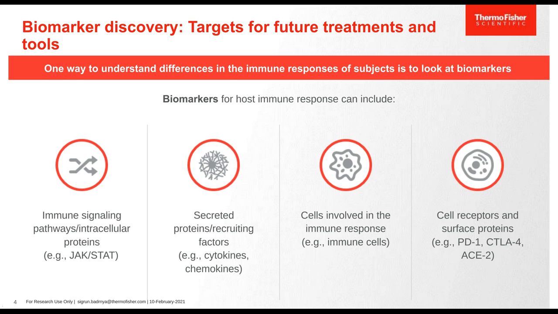So one way to better understand differences in the immune responses of subjects is to look at biomarkers. Apart from soluble factors and secreted proteins such as cytokines and chemokines as mentioned, these can include immunoglobulins, immune cells involved, intracellular proteins that play a role in immune signaling pathways, or specific receptors and surface proteins that are of particular relevance in immuno-oncology, or key entry targets for SARS-CoV-2, such as the angiotensin-converting enzyme 2, ACE2, that serves as a host cell receptor.